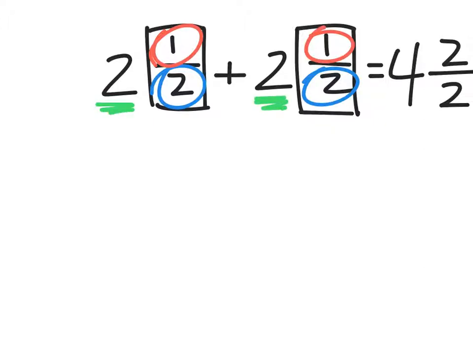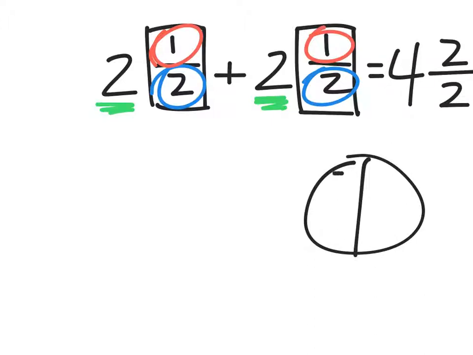4 and 2 halves. Now think about this. 2 halves can be regrouped. Just like having 10 ones would become 1 ten and 0 ones, 2 halves would become 1 whole. If I have something and I cut it in half, and then I have both halves, don't I have the whole thing?